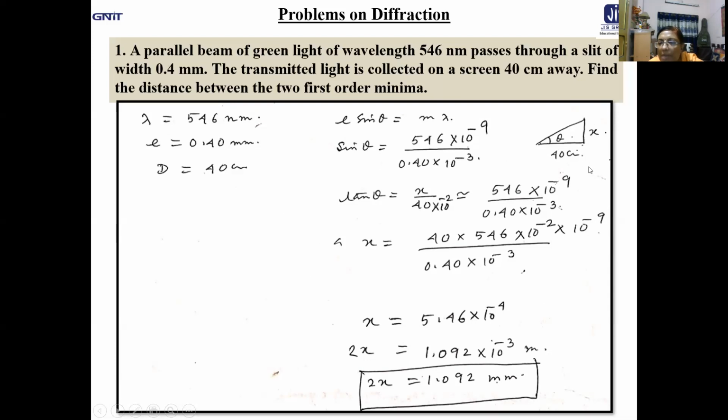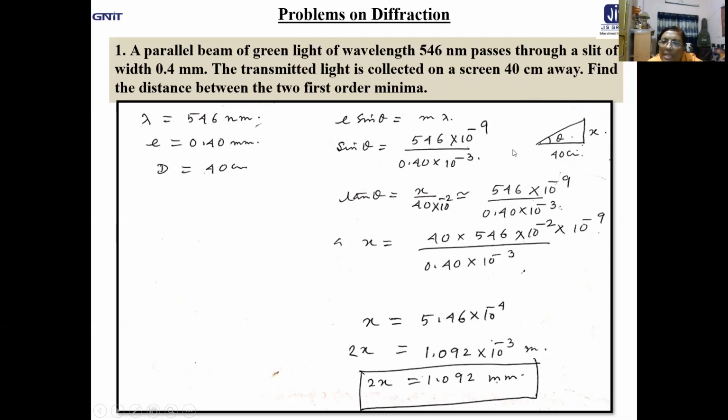This side another first order minima will be there. So these are the two first order minima. You have to get the total distance, that is 2x. Let us get for one first order minima the distance. Let it be x. Then what about tan theta? Tan theta equal to x by 40 centimeter, because screen is 40 centimeter away, it is told.